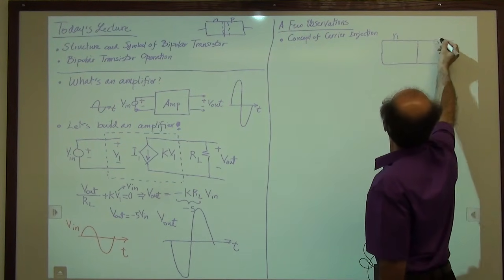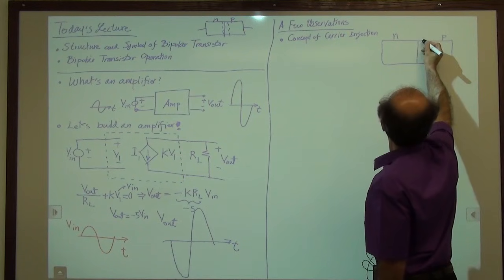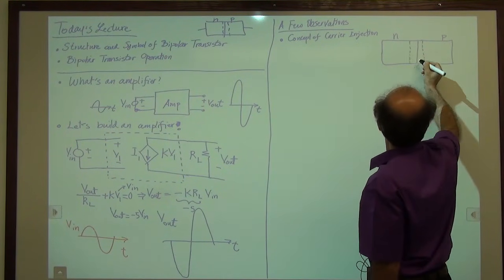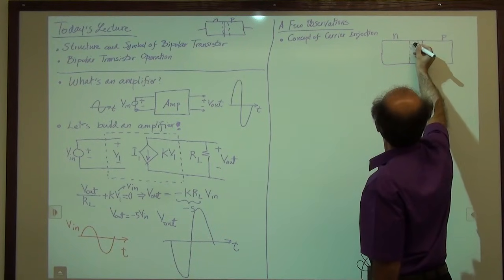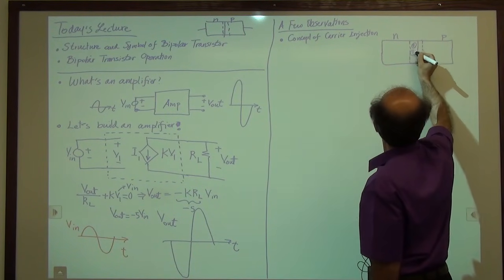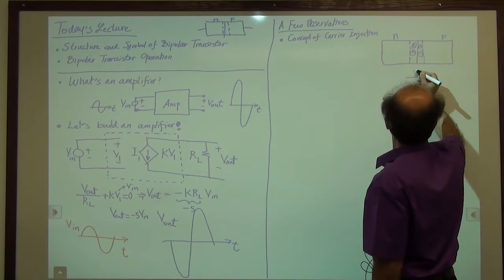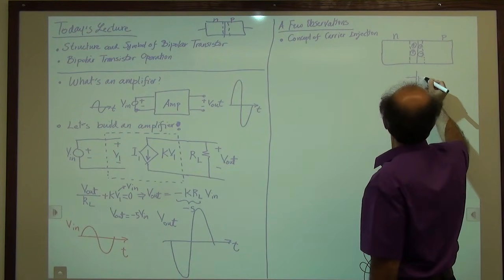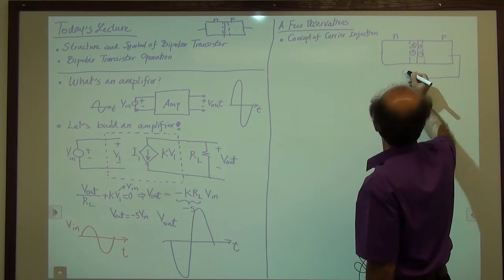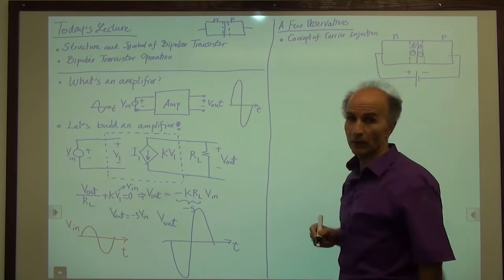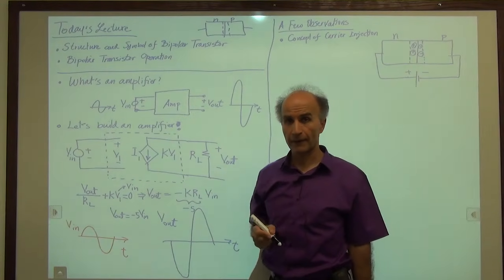So for example, N on the left, P on the right. We have a depletion region here. So we have some positive ions on this side, some negative ions on this side. We have a battery to give us the reverse bias. So positive on the left, negative on the right. So that's a reverse biased p-n junction.